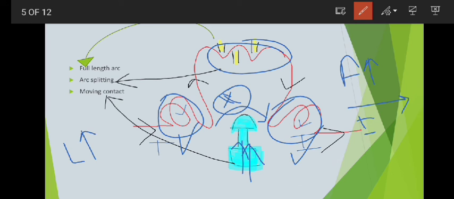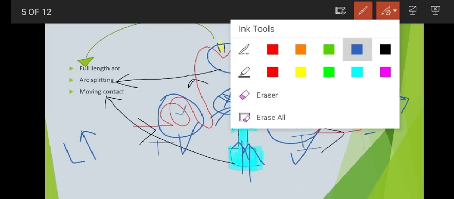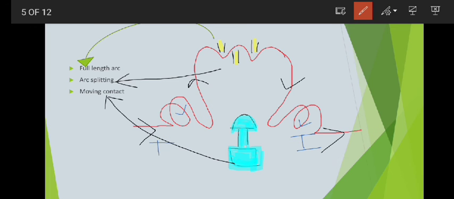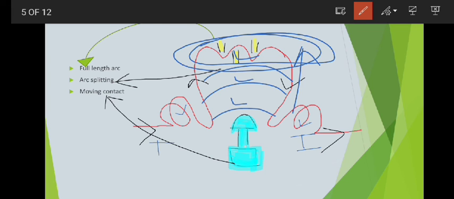The arc length will increase. Here is the minimum arc length. Let's see another thing. Here the length will be minimum, then the length will increase gradually in the upward direction. So the length will be maximum in this region.